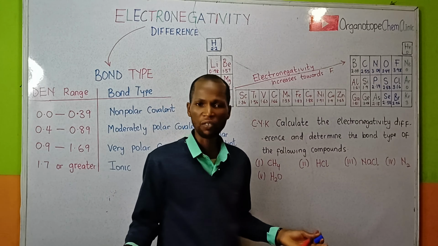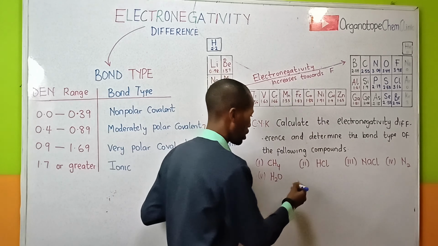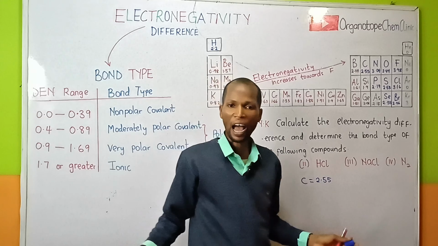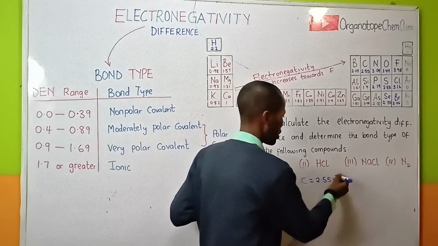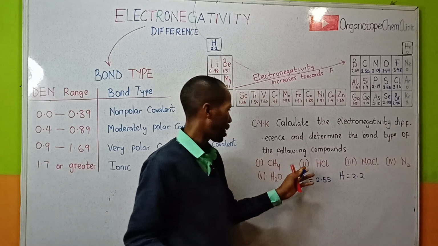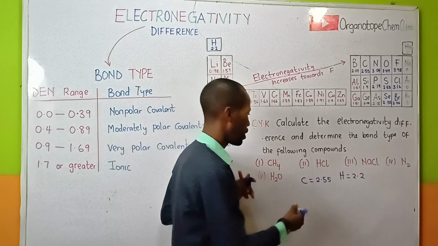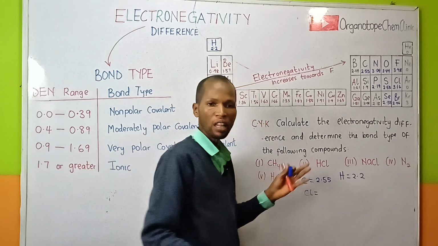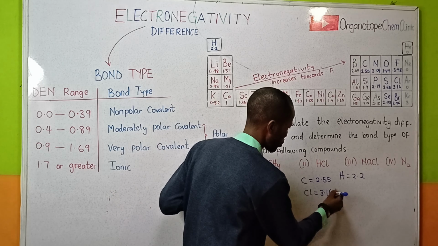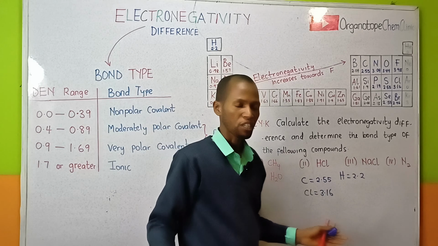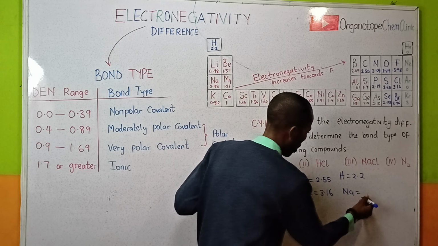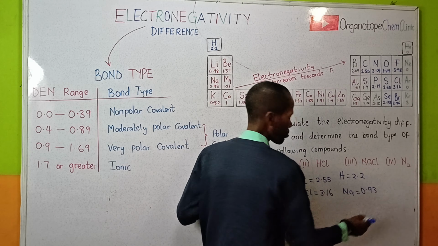The electronegativity value of carbon is 2.55 and that of hydrogen is 2.2. The electronegativity value of chlorine from the Pauling scale is 3.16, while that of sodium is given as 0.93.